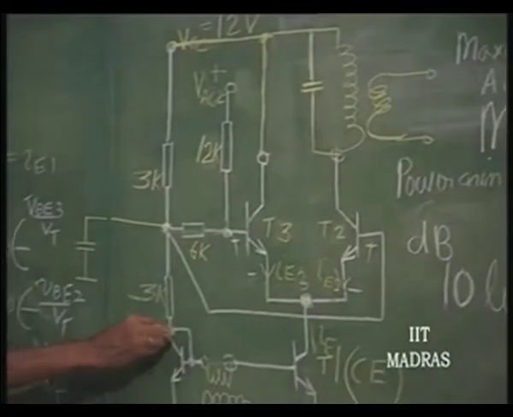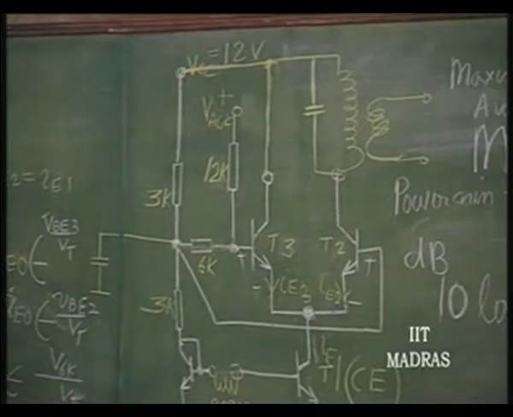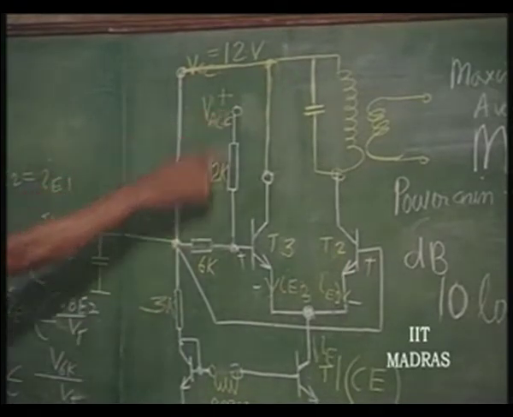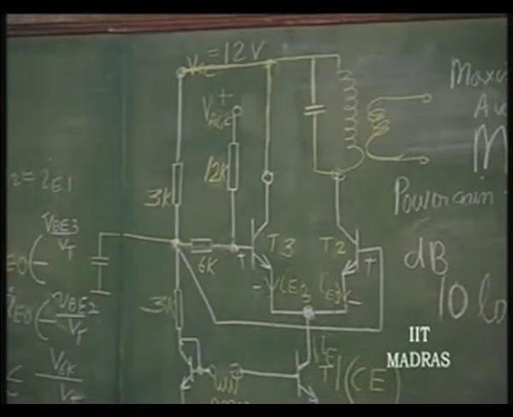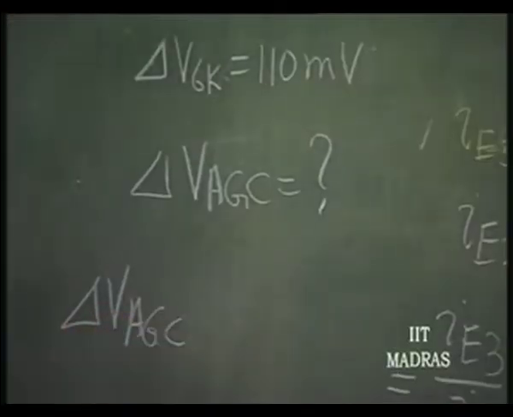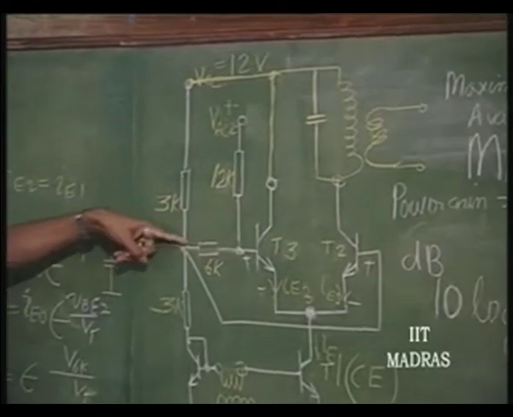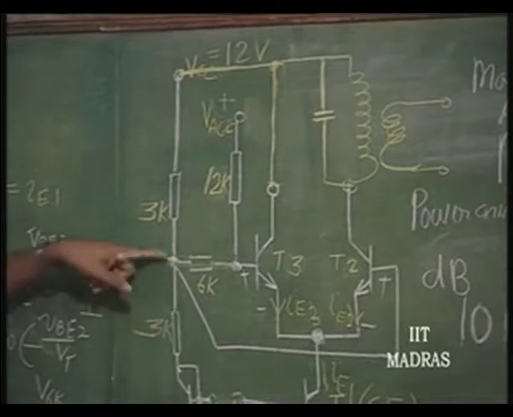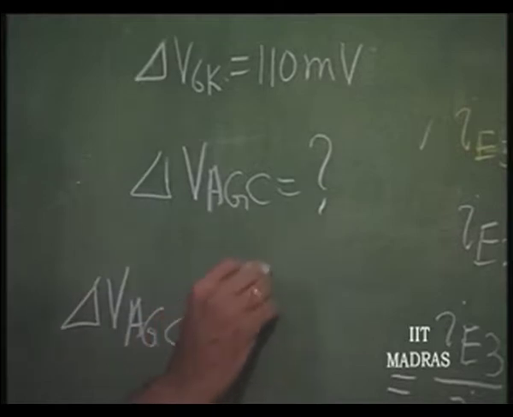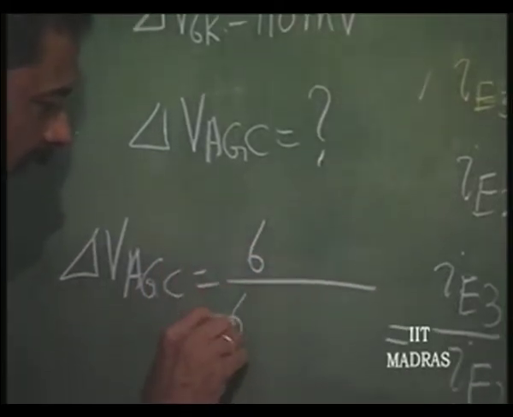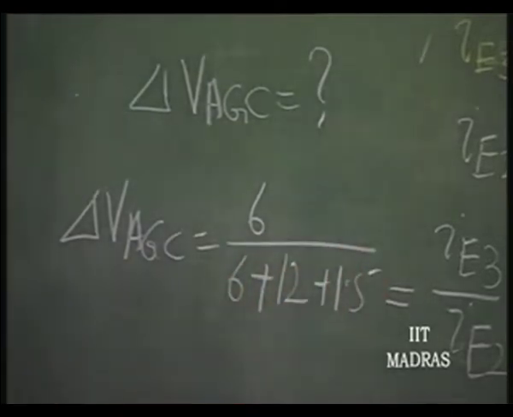These two voltages, this is V gamma, this is VCC, they are constant. Their contribution here is of no significance, because that is a constant contribution. We want, when this is changed, what is the change in voltage? That means it is enough if you consider only delta VAGC here. Delta VAGC is going to result in an attenuation. There is a 6k, 12k and a 6k, and from here to ground we have 3k parallel 3k, that is 1.5k. So, the change is across 6k divided by 6 plus 12 plus 1.5, that is the attenuation factor.